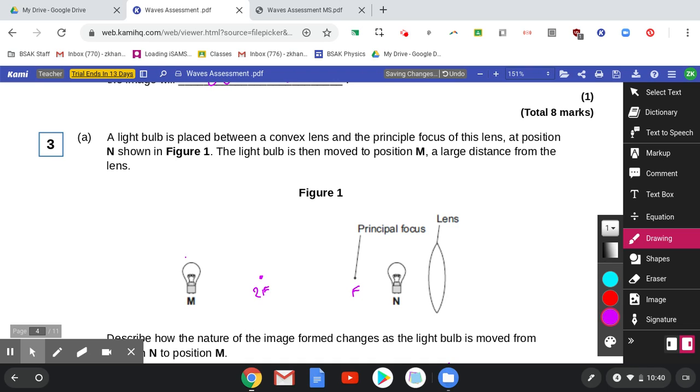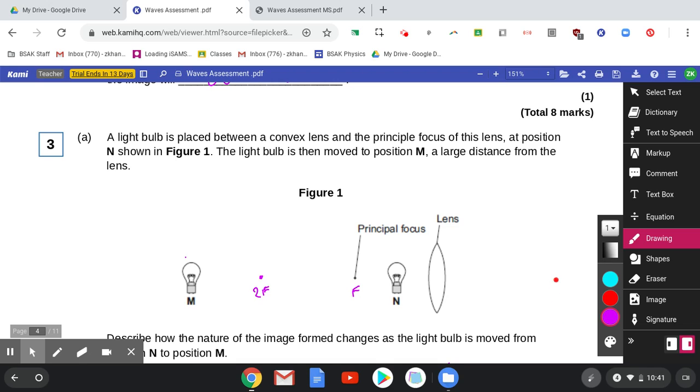Now, this object is clearly beyond 2 focal points, and when we drew our ray diagram for an object beyond 2 focal points, we found that the image on this side was a diminished, inverted real image. When the object was somewhere in between 2 focal lengths and 1 focal length, we found that the image on this side is still inverted.